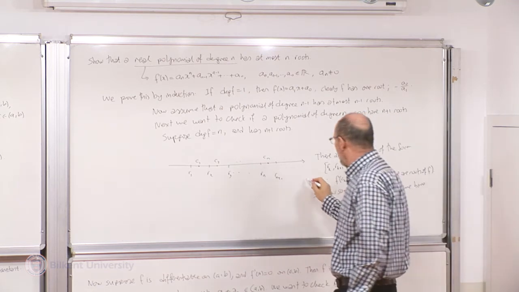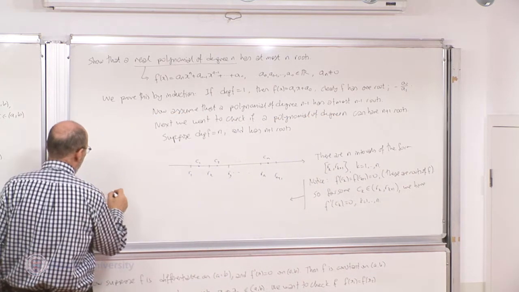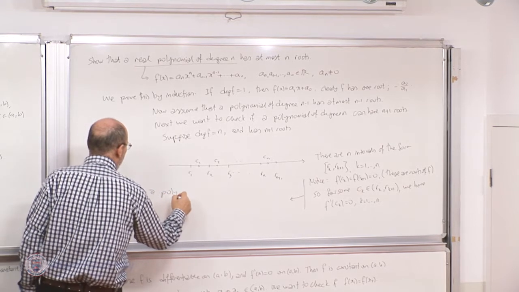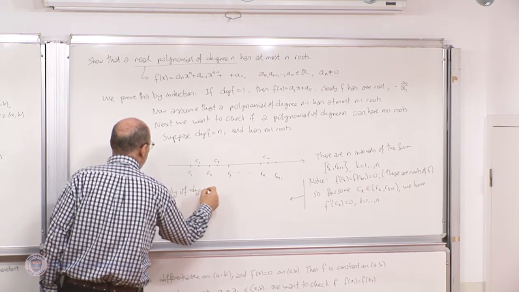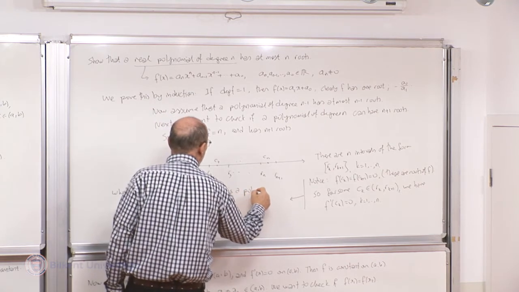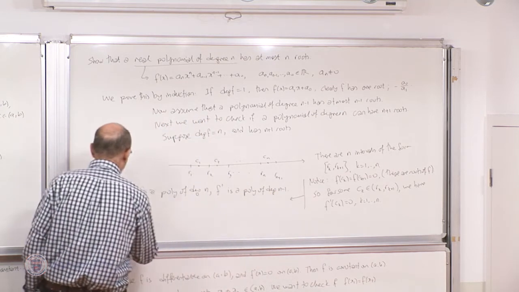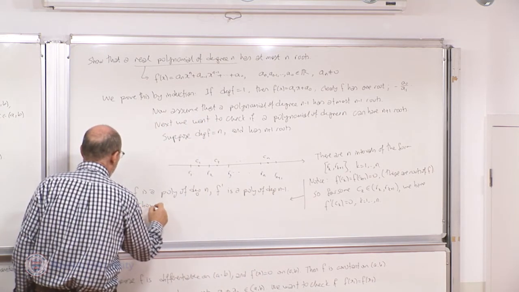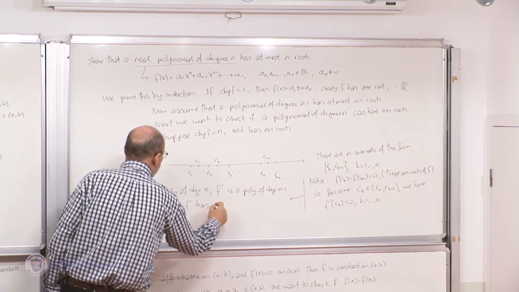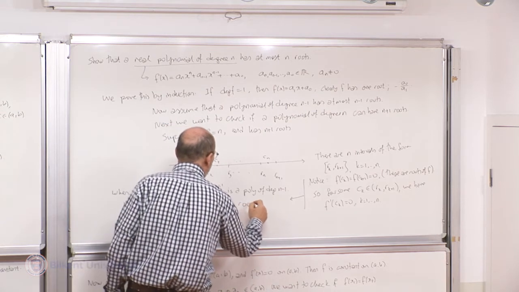So when f is a polynomial of degree n, f prime is a polynomial of degree n minus 1, and f prime has n, which is strictly larger than n minus 1 roots.